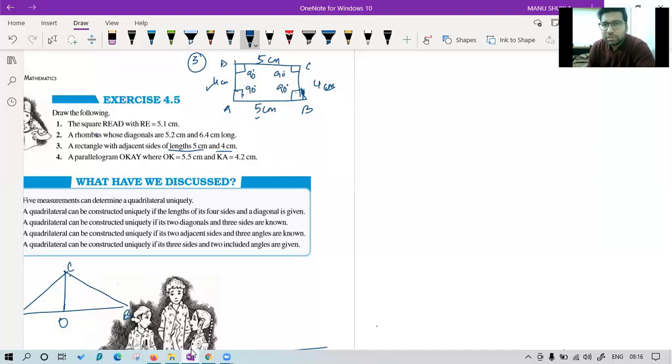If your angle is starting from this end, you have to make it like this only. Don't go from this side. If you have made a rough diagram, then just go that way. You can see I have started this angle A from left side. So I will start this angle B from, sorry, this is from right side and this will start from left side.